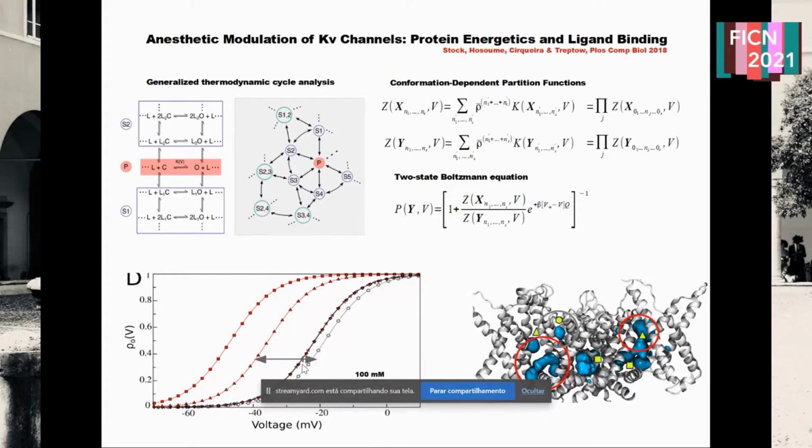So at this point, these calculations appear to rationalize the experimental findings in terms of direct binding events, where the S4 pore interface and the linker appear to play a major role in the stabilization of the open state.